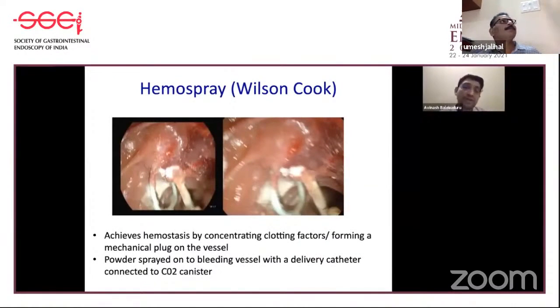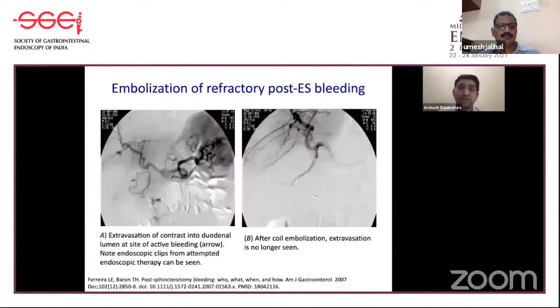Whenever the powder is sprayed at the bleeding spot, especially when the vision is not so clear, we use the delivery catheter, which is connected to a carbon dioxide canister, and the powder spills out and hemostasis can be achieved. It gives a temporary benefit; for about 48 hours the amount of bleed will definitely come down, but it has not yet come into the recommendations.